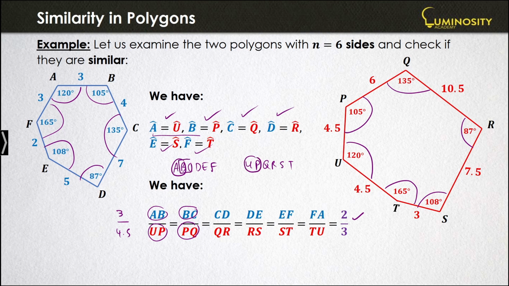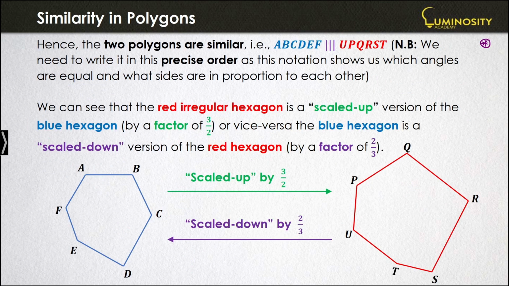Then BC was 4 units divided by PQ, which was 6 units, and 4 divided by 6 reduces to 2 over 3. You just keep moving along the line. Then you check CD divided by QR and so on, and they should all give you the same proportion, which is 2 over 3. Hence, we say that the two polygons are similar.